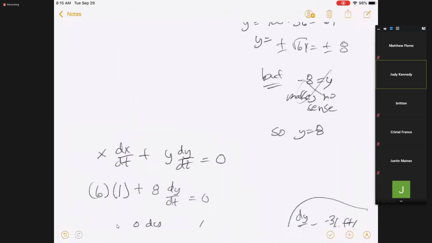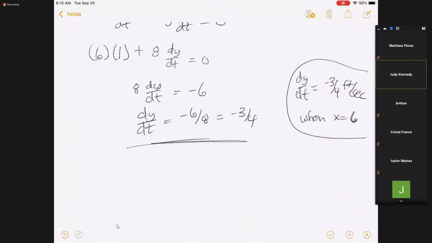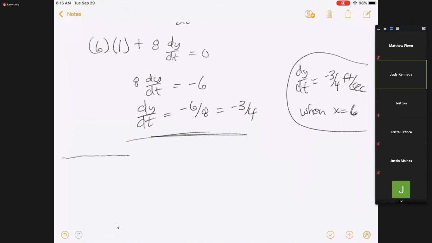I thought I'd work one more. And this one's out of your text. The text has some pretty good problems in it. All right, so I've got a changing angle of elevation.